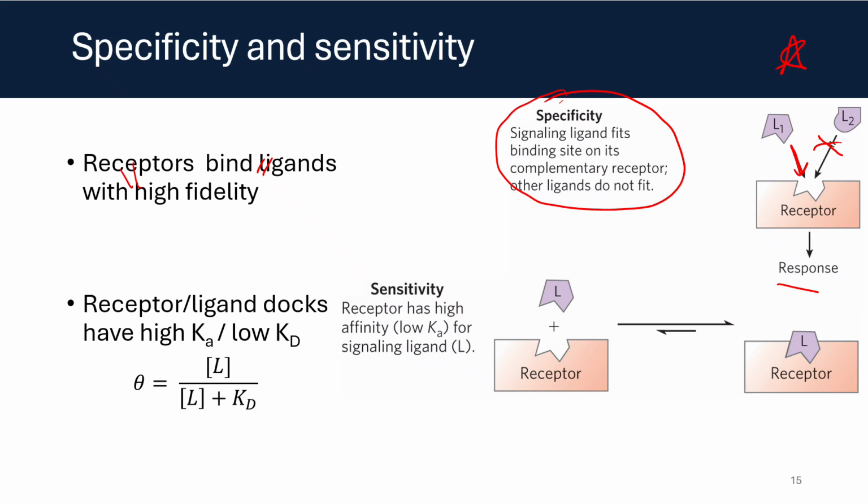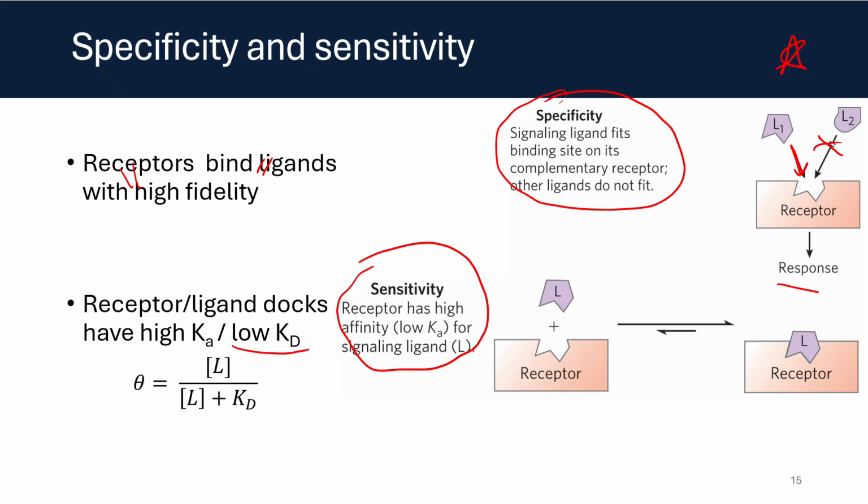Now, sensitivity is also important because, well, it's not practical or wise to flood our blood with high concentrations of primary messengers. So the way we address this is by having receptors readily dock low concentrations of ligand, thanks to having very low constants of dissociation, aka a low KD.